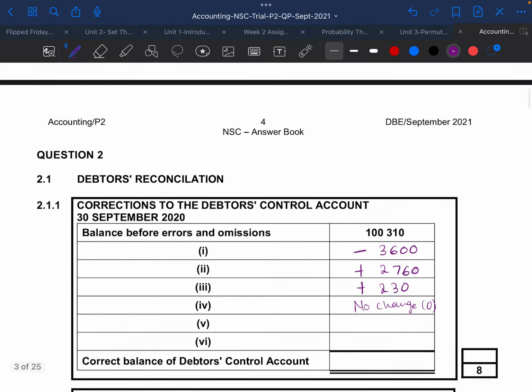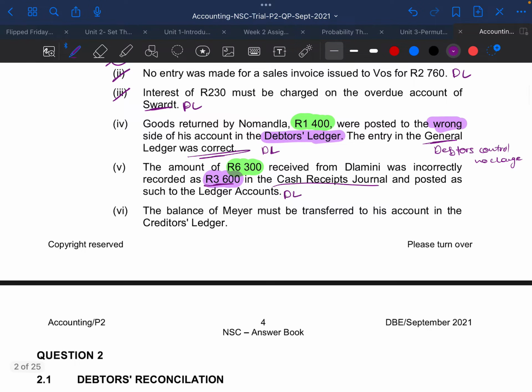So here, what this transaction says is that we received money from a debtor, and we recorded that the debtor paid less money, but the debtor paid more money and they owe us less now.